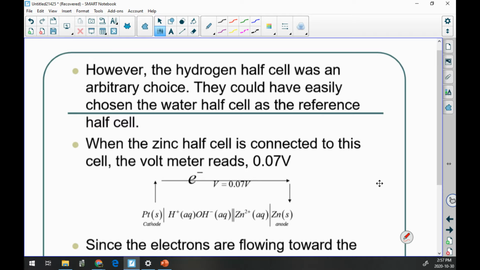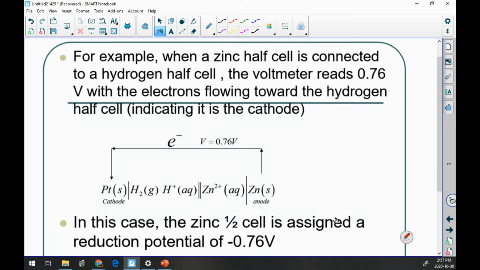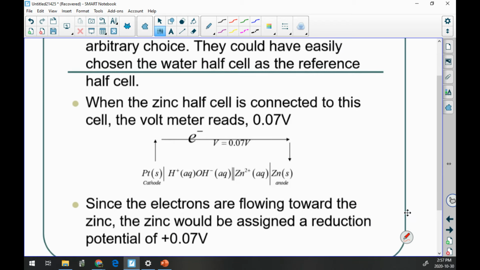Okay. Now, setting the hydrogen half cell as zero was, as I said, purely arbitrary. It could have been anything. However, that doesn't change what the voltmeter would read. Just purely arbitrary, it doesn't matter. This voltmeter reading is going to be the same whether this is set at zero or this particular one is set at zero.